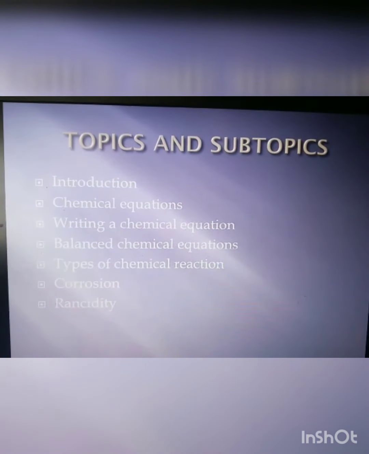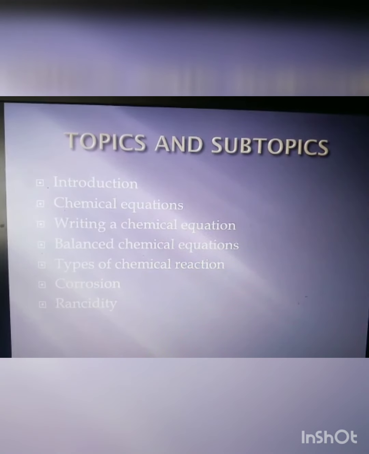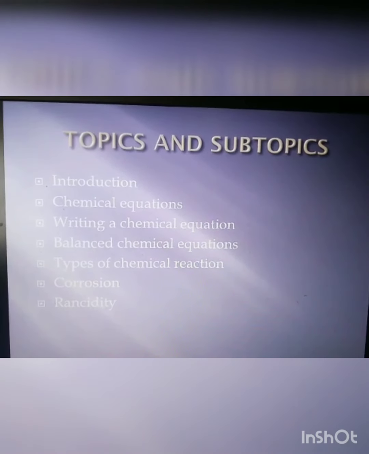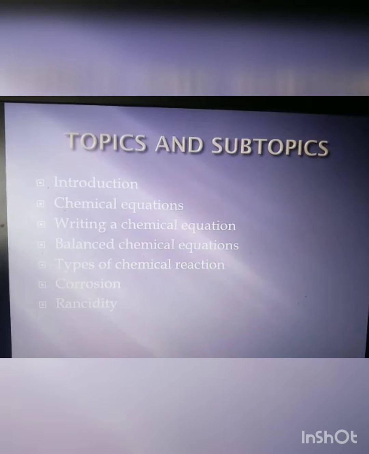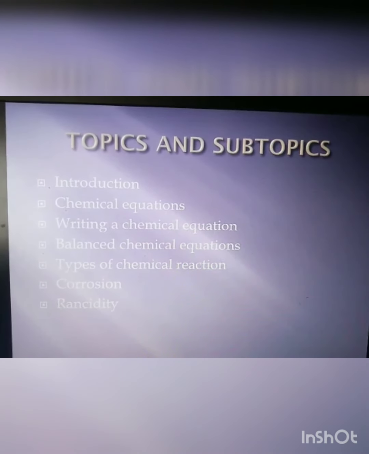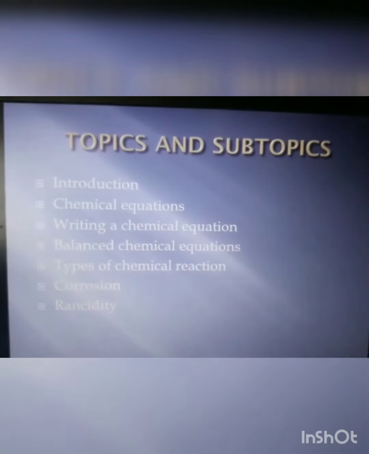In this session, we are going to discuss a little bit about the introduction, then chemical equations, how to write a chemical equation, several steps are there for that, and how to balance chemical equations.